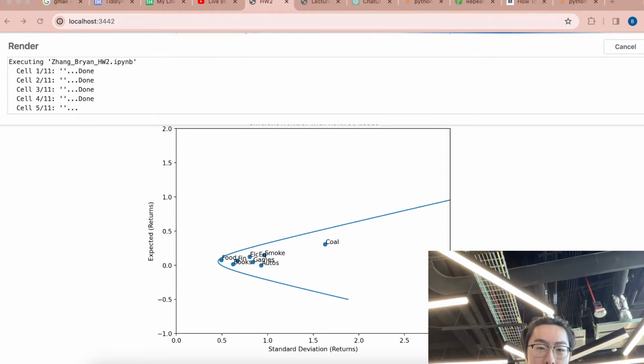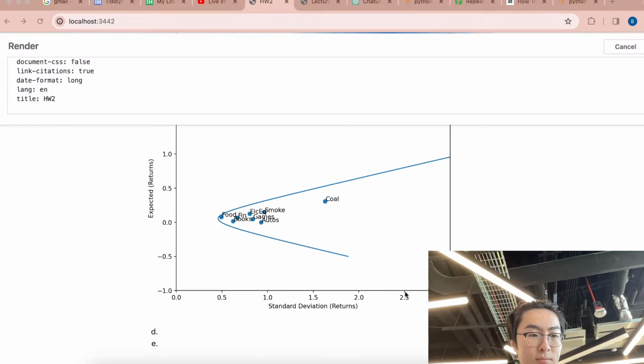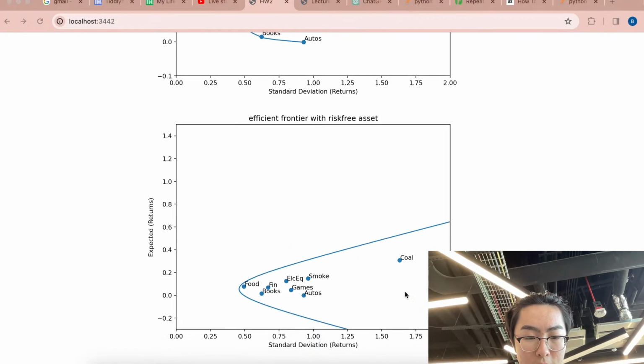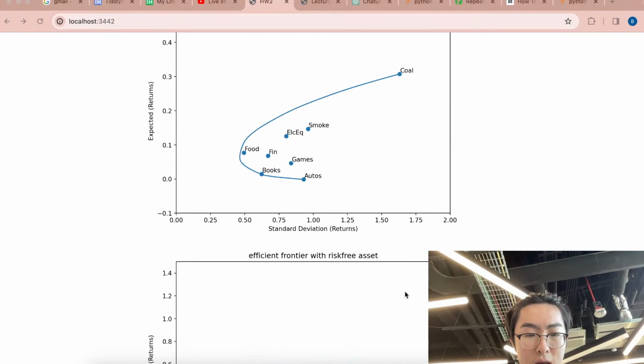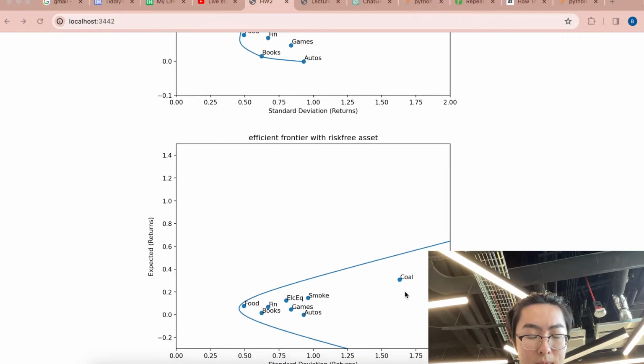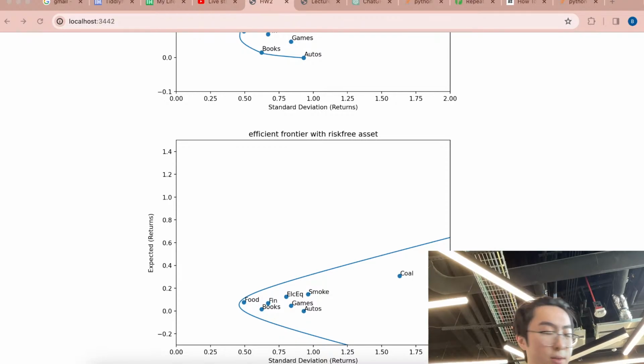-0.3. Okay. So let's see if this works then. Alright, nice. We're getting somewhere. Although I feel like maybe my returns are still too high.